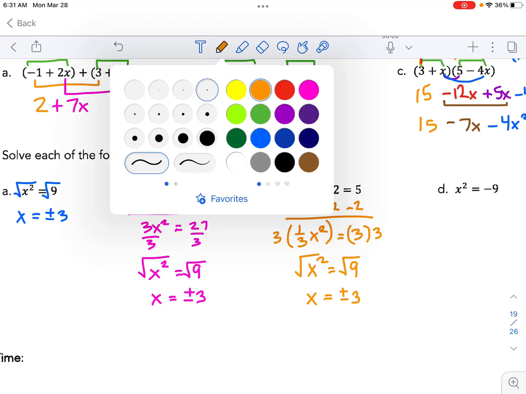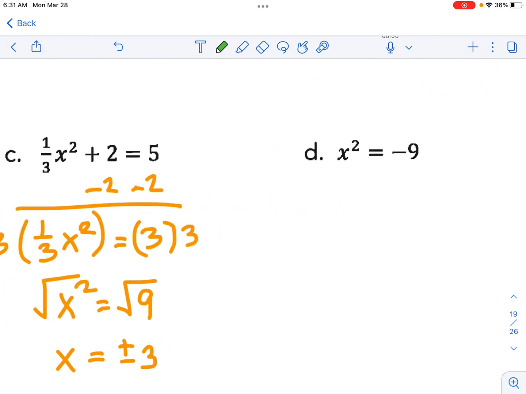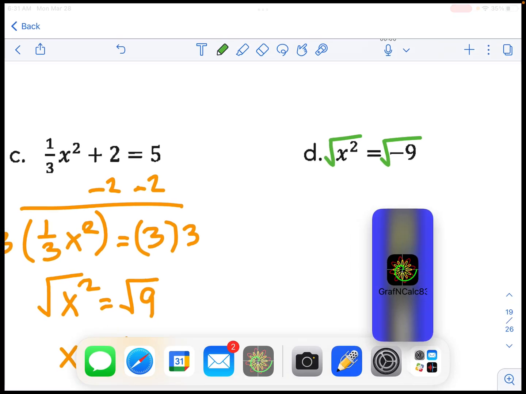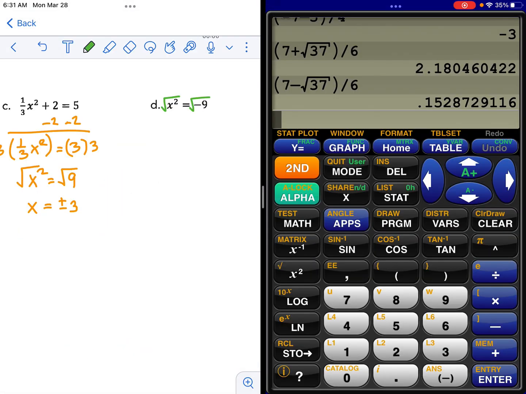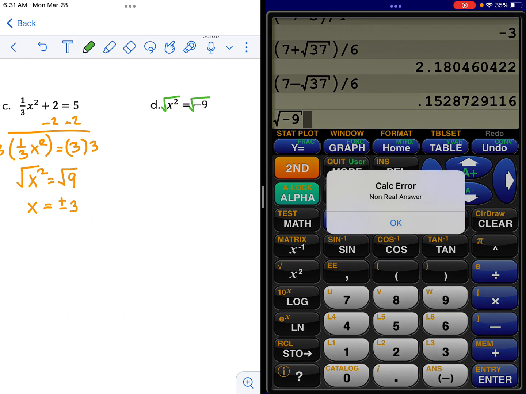It wouldn't be too far of a stretch to say, well, it's so similar, it would be nice to use the same strategy, square root both sides. And that's exactly what we do. The problem is if we try to square root a negative 9, we end up with a calculation error. It says non-real answer.